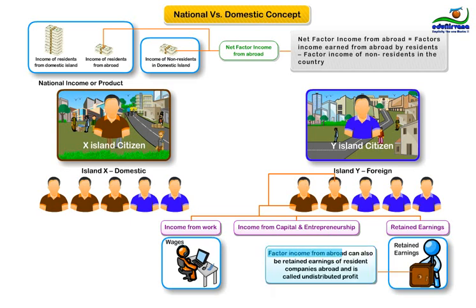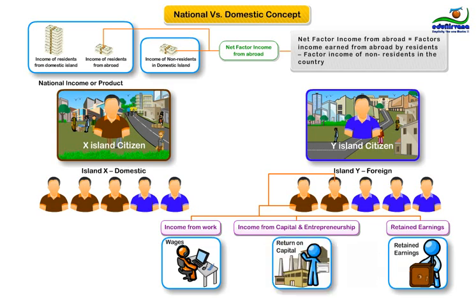Factor income from abroad can also be retained earnings of residents' companies abroad, called undistributed profit. This component is also part of factor income because it is either a return for providing capital or for providing entrepreneurship to the firm. Mind you, it's a two-way affair, since foreigners also earn similar income by working in the domestic territory of another country.